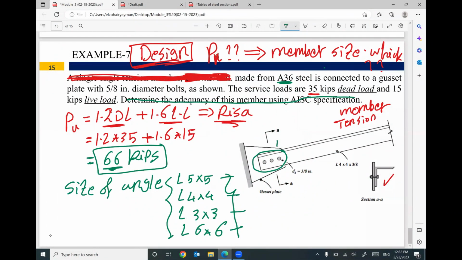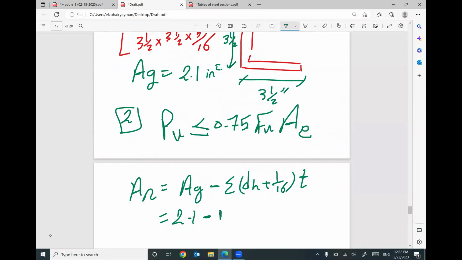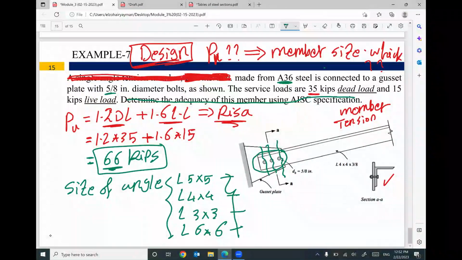If you put here a cross section, the number in each cross section is 1 times d hole, the diameter of your bolt, 5/8. So d hole will be 5/8 plus 1/16. It will be 6/8, I'm sorry, 11/16.